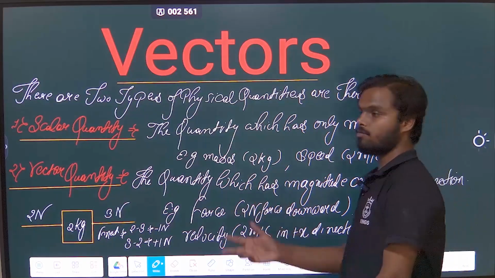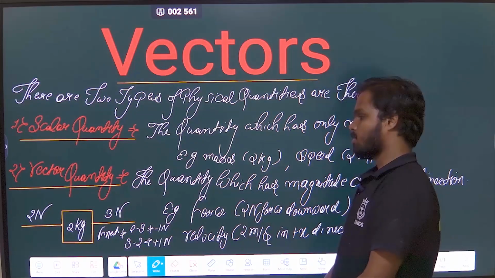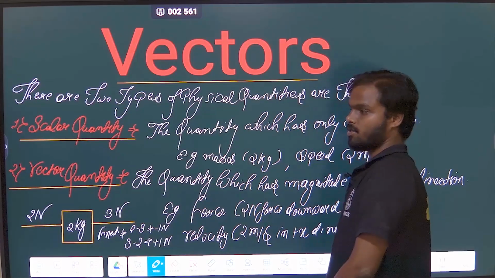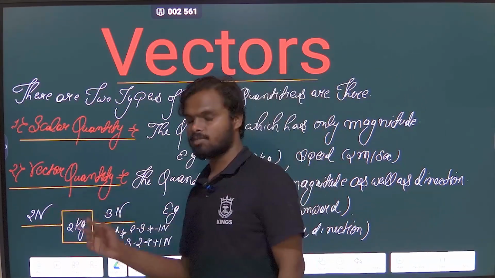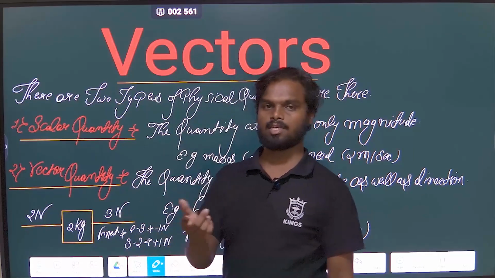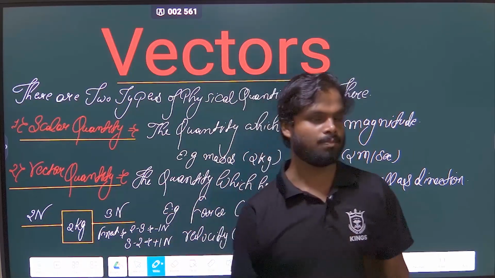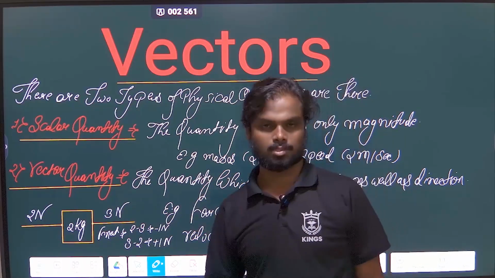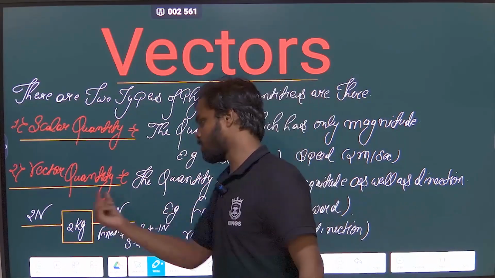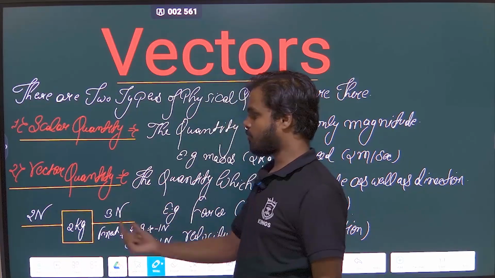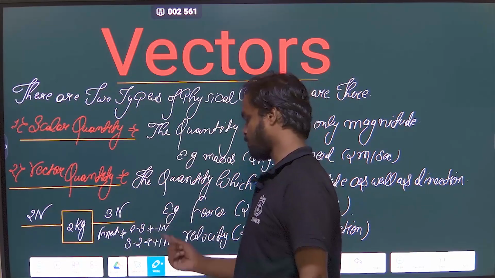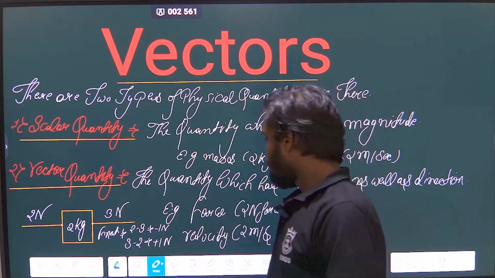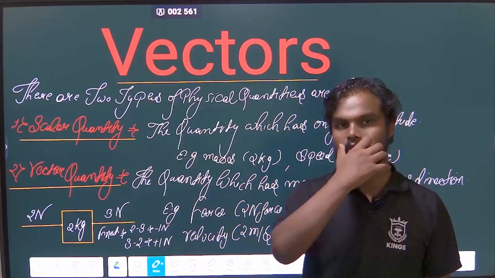It depends upon the viewer which direction is taken as positive. But in normal addition we have seen that when there are two same types of quantity, we just normally add them. Suppose I give you 5 apples and I give you 2 apples. I will ask you how many apples you have. You will tell, sir, I have total 7 apples. Simple. So here we have one force, here we have one force, so total force should be 5 Newton, no? But we are saying total force either will be 1 Newton or minus 1 Newton. Why are we subtracting? What is the difference here? Because it is not a scalar quantity, it is a vector quantity.